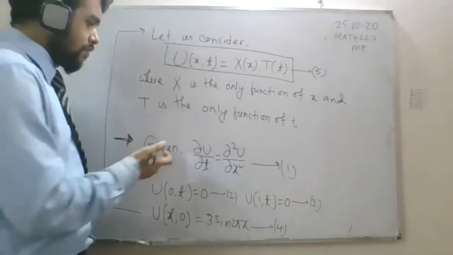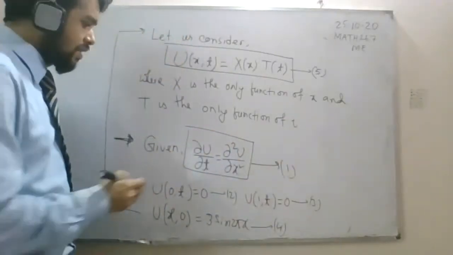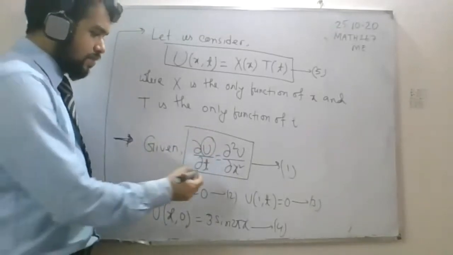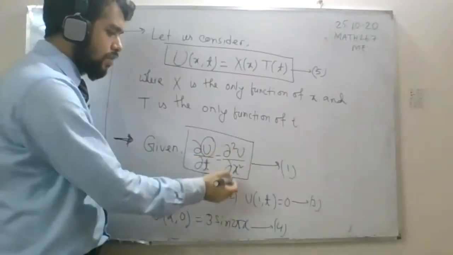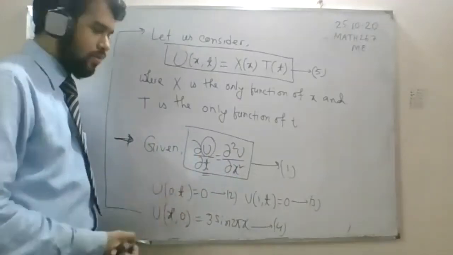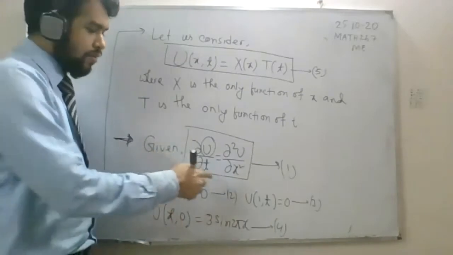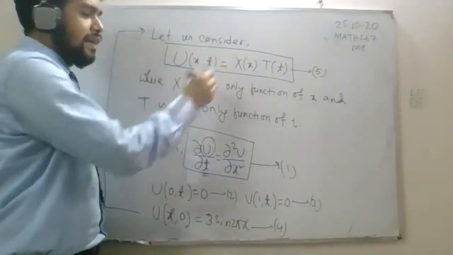Okay, so you have to partially differentiate u with respect to t at first, and also with respect to x partially two times. Where u equals XT.